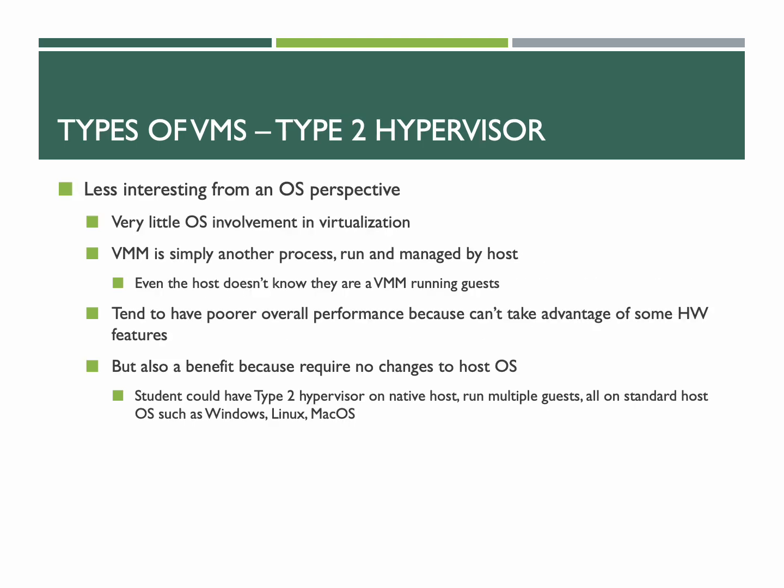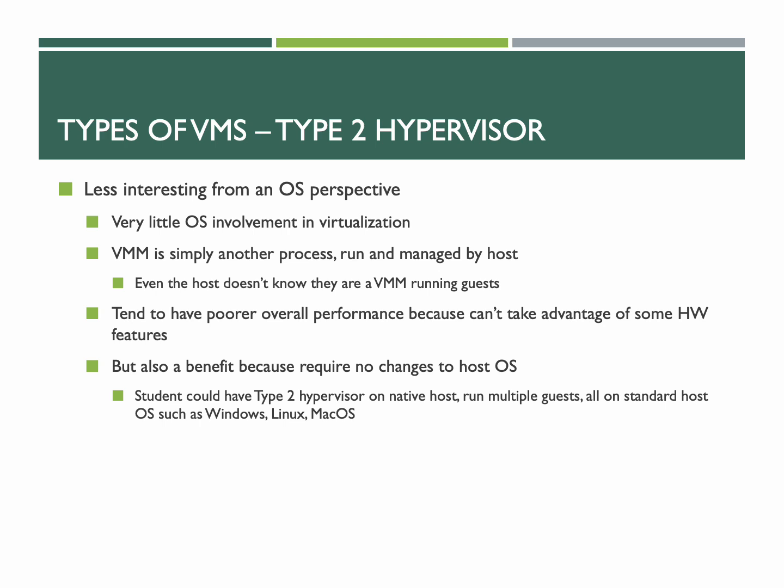Okay, now let's talk about type 2 hypervisor. This type of hypervisor offers unique benefits and some limitations in terms of performance and system integration. So, unlike Type 1 hypervisors that run directly on the hardware, Type 2 hypervisors operate as a software layer installed on top of an existing host operating system.